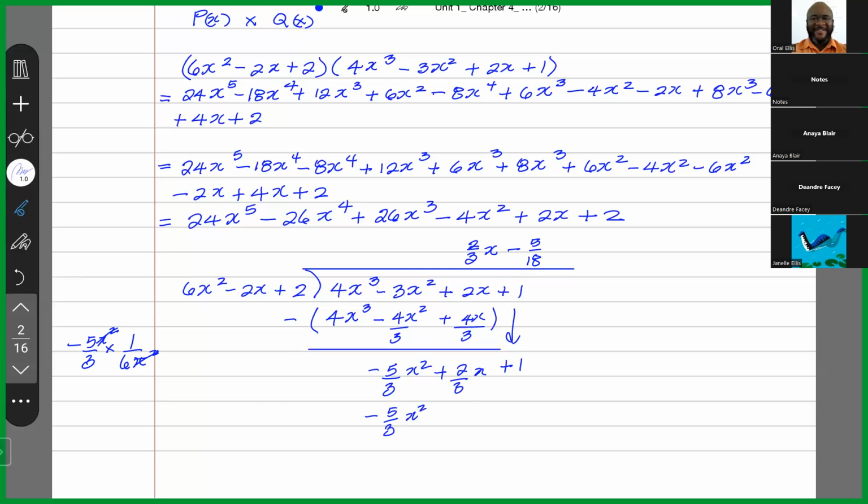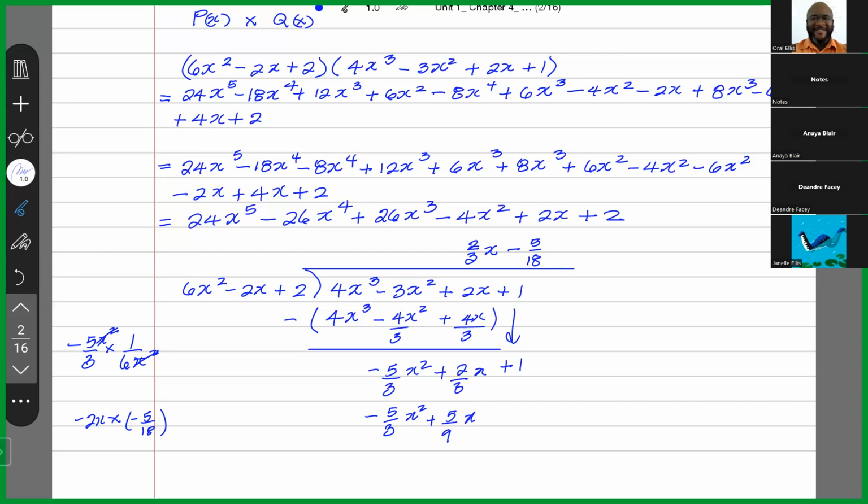Minus 5 over 18 times minus 2x is positive 5 over 9x.